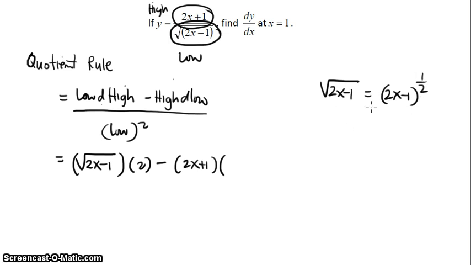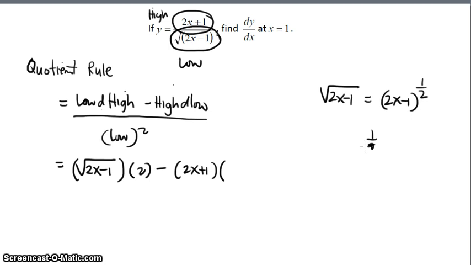So the derivative of this is 1/2 times (2x minus 1) raised to negative 1/2. Negative 1/2 came from 1/2 minus 1, and then multiply it by the derivative of 2x minus 1. So remember, you should use the chain rule properly.